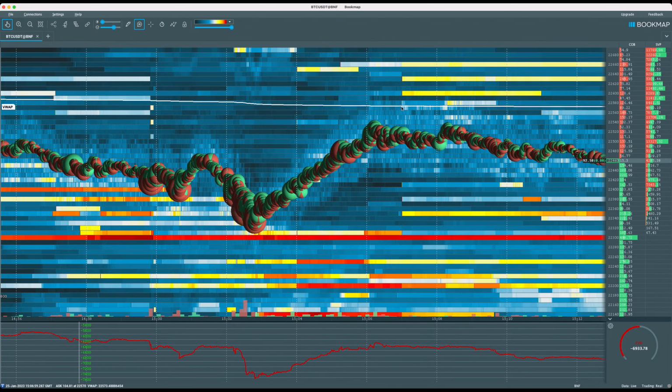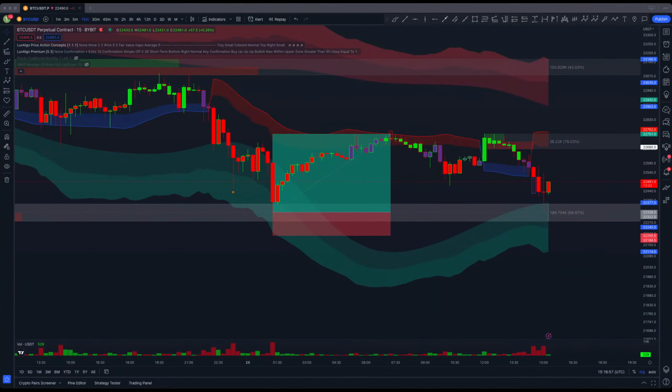level. Now, interestingly enough, this is the VWAP. Okay, so the VWAP currently is at 22,572. So let's see on the actual smart trail. Let me just double check that again. 22,572.